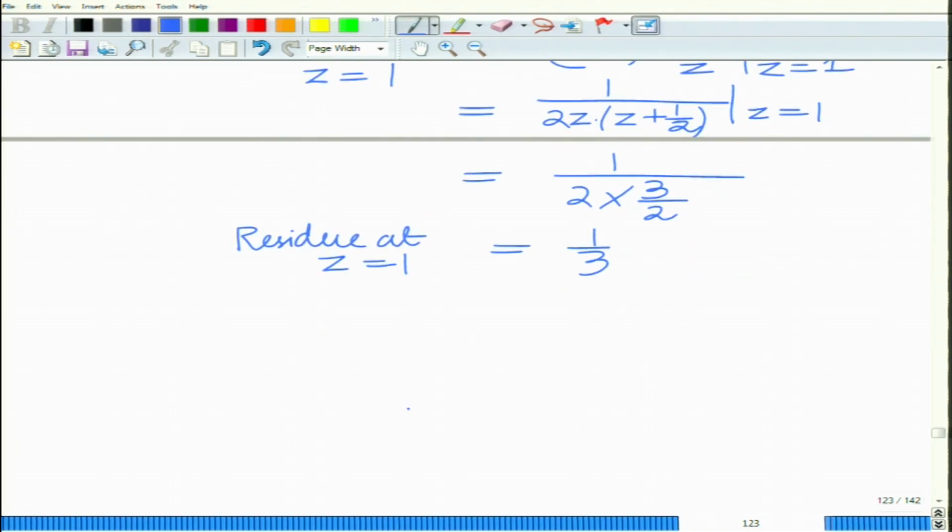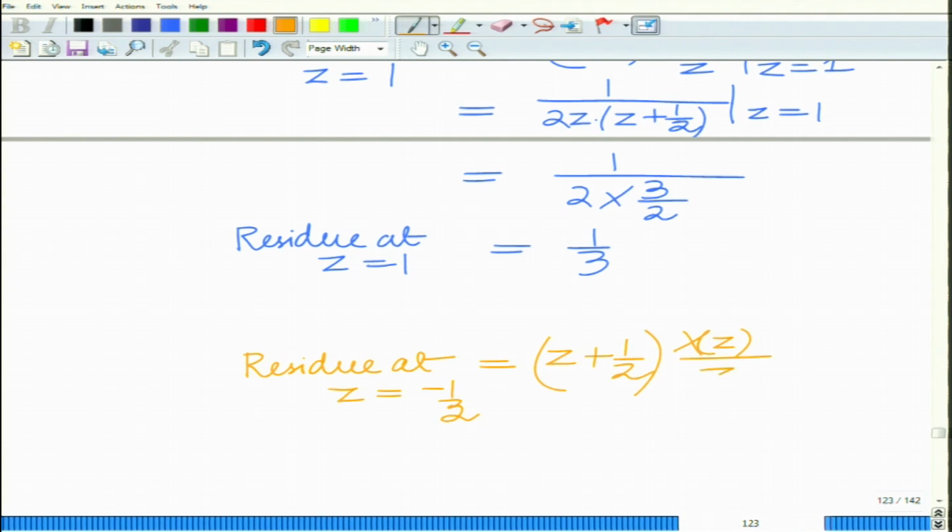And finally, the residue at z equal to minus half is (z plus half) into x(z) over z evaluated at z equal to minus half.